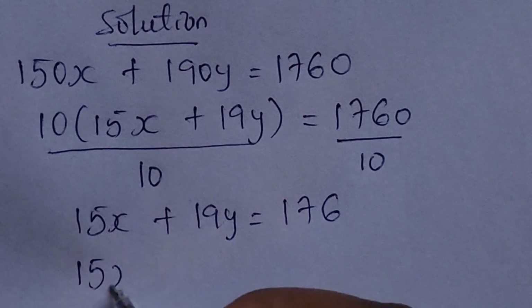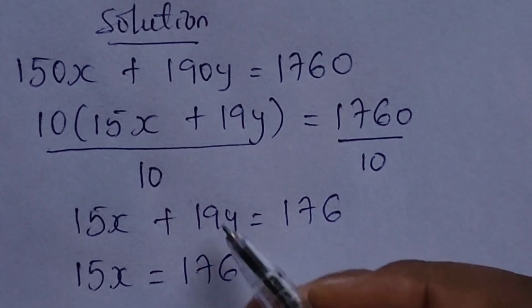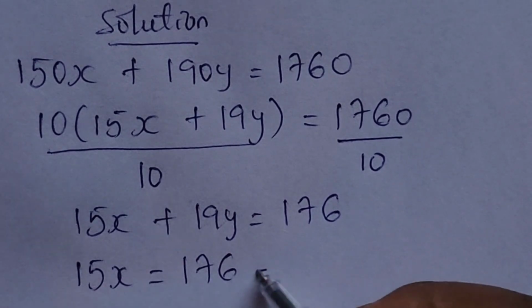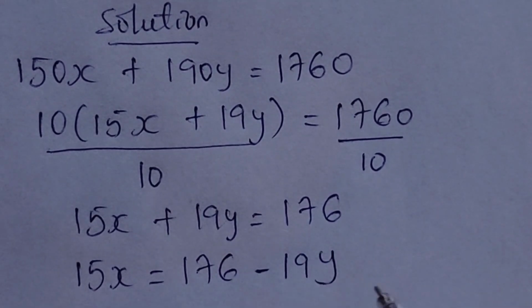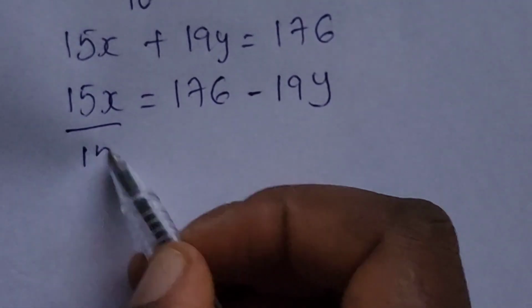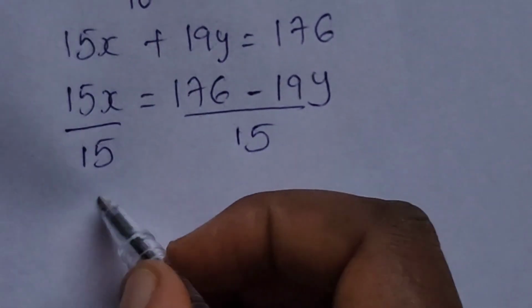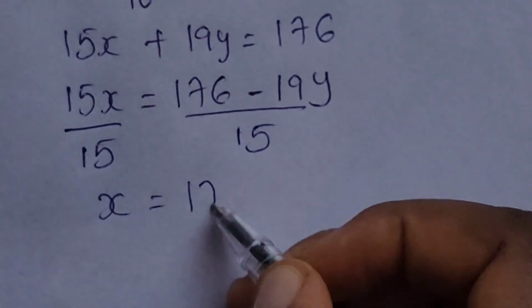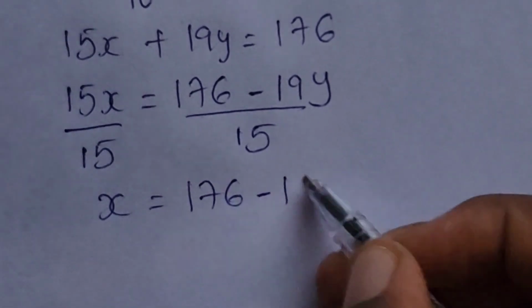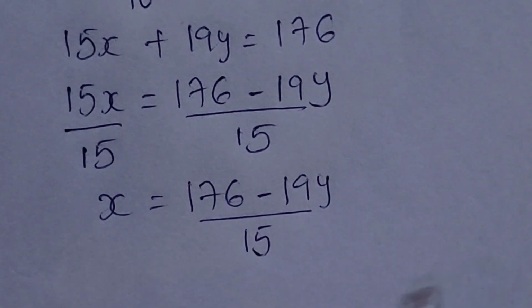To have 15x is equal to 176, this crossing over becomes minus 19y. So from here, let's divide both sides by 15. We have that x is equal to 176 minus 19y all over 15.